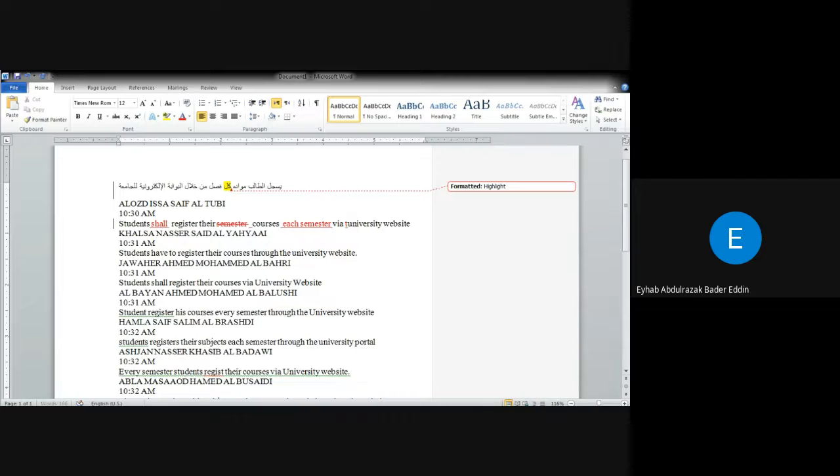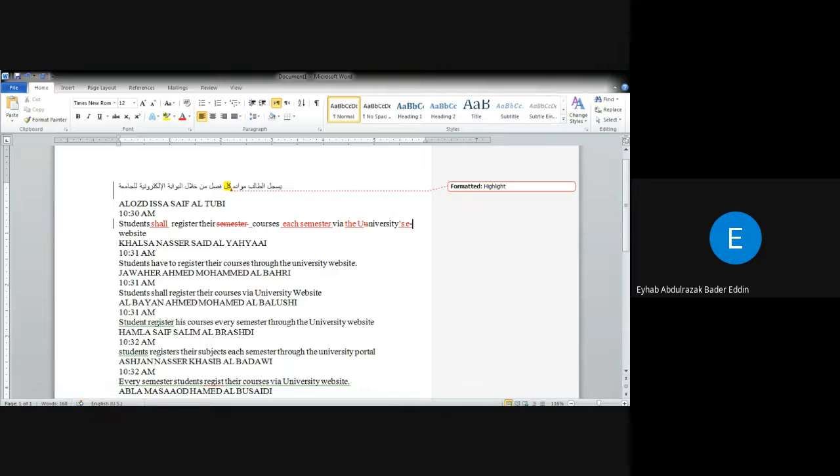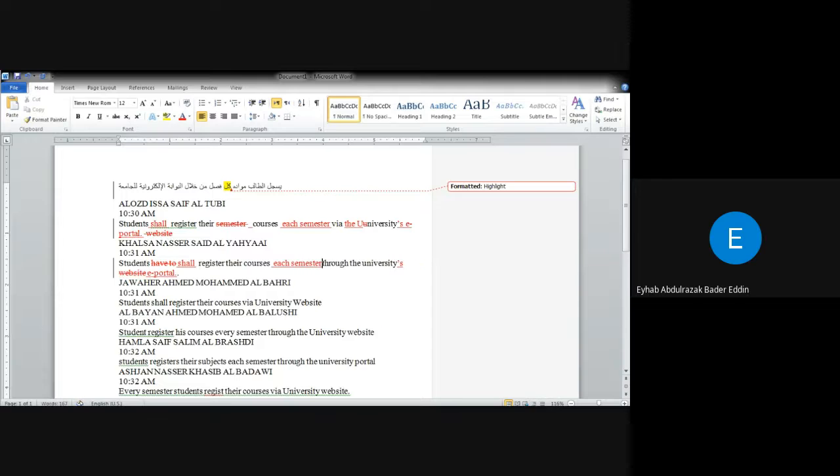Via the university. Of course, when we talk, if this is clear within a university, then the university is known, right? Via the university. What is better than website? E-portal. E-portal. Okay? Khalsa says students, again, we don't have the sense of obligation. We enter it using shall register their courses through the university's e-portal. Okay, what did we call it? E-portal. And every semester, where? Each semester.